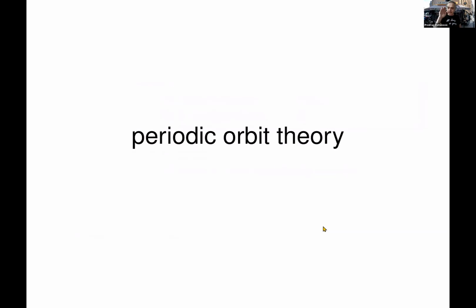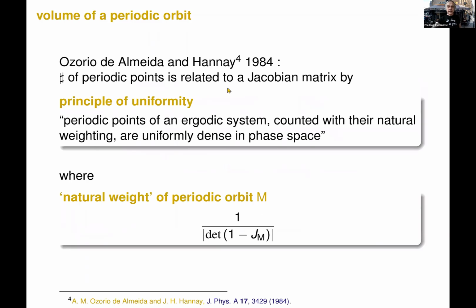There is something that's graduate level in dynamical systems. It's called periodic orbit theory. You can be more sophisticated about what we're doing here. And you can notice that when you think of a periodic orbit in time, the first reference I found was Azaria del Almeida in 1984.